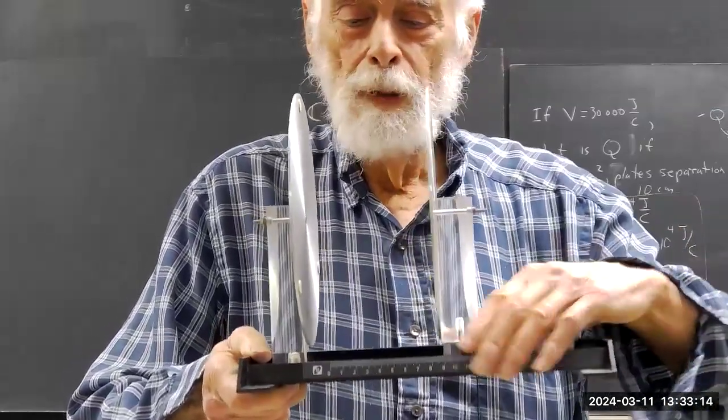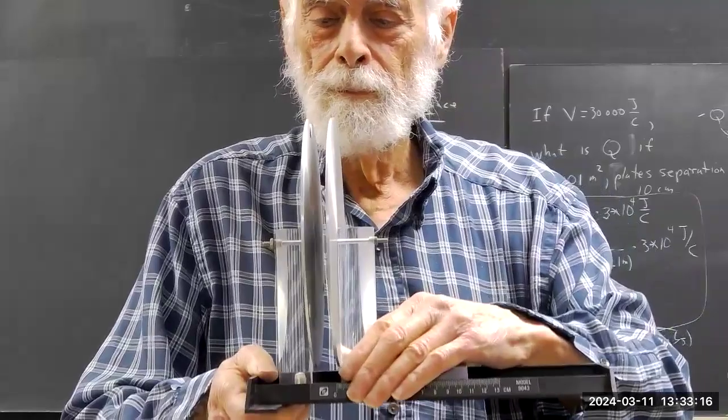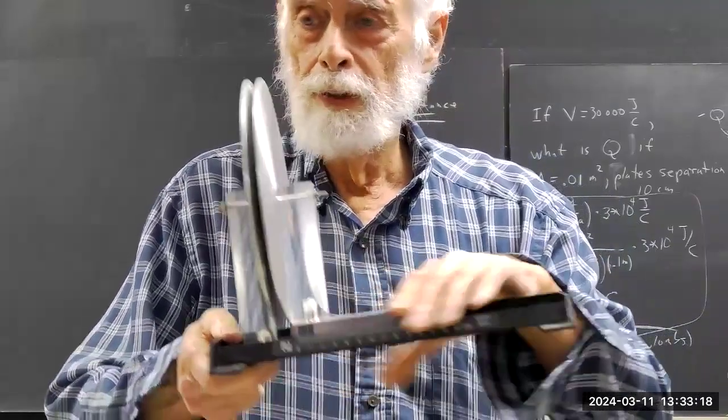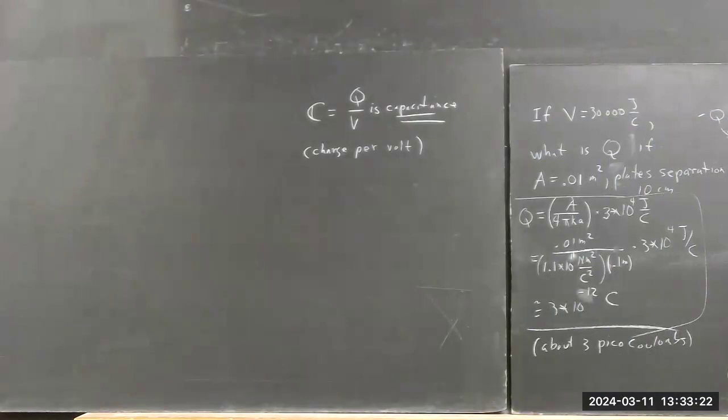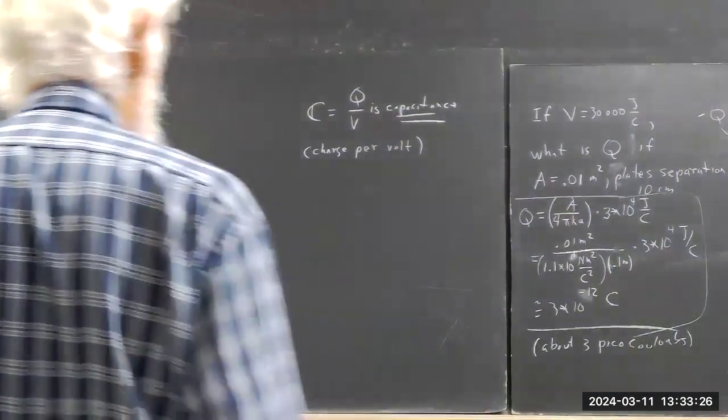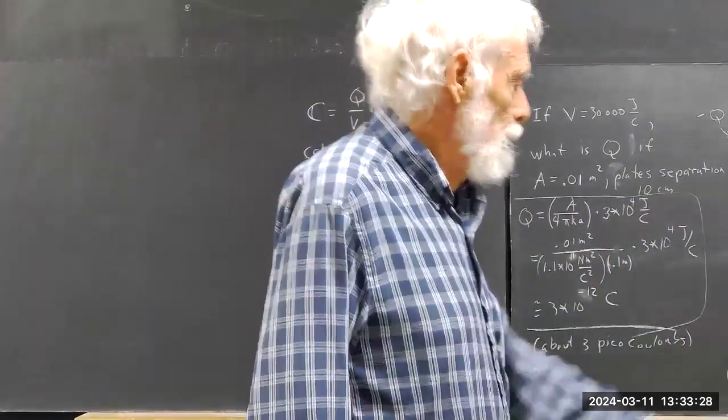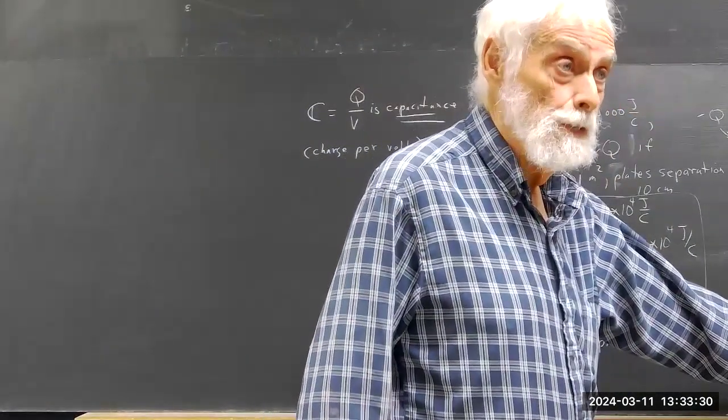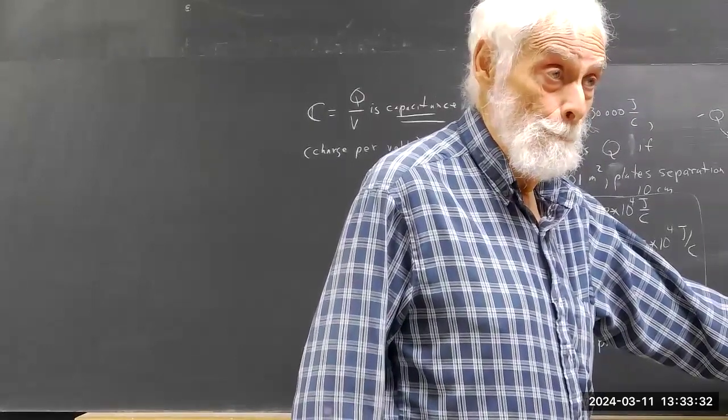Now, what happens if I move these down to 0.01 meter, 1 centimeter? What happens to the capacitance? Yeah, it increases. Why does it increase? Because you're decreasing this A in the denominator. It's going to become 10 times as much.